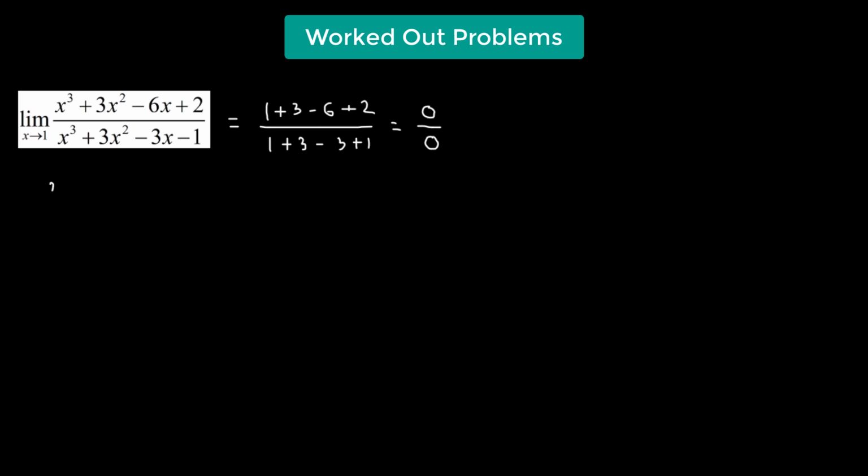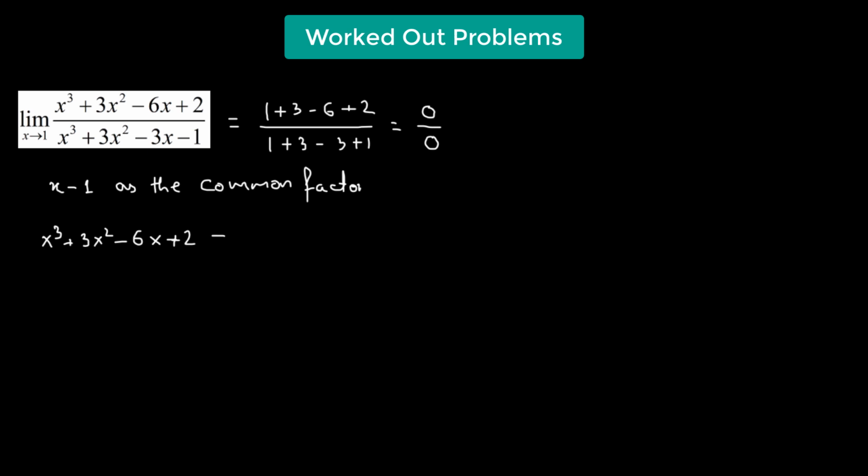So that means we have x minus 1 as the common factor in both the numerator and the denominator. So we are going to factorize the numerator, x cubed plus 3x squared minus 6x plus 2, by x minus 1 using synthetic division, or you can use long division, whichever way you feel comfortable with.